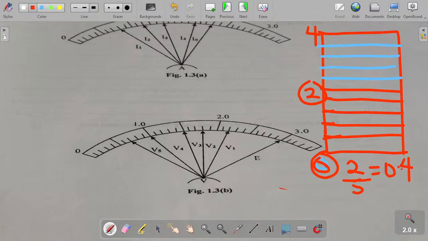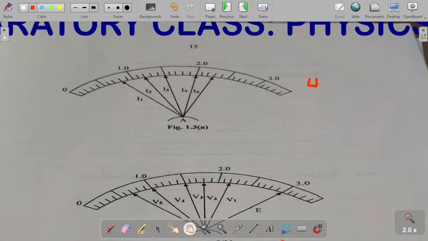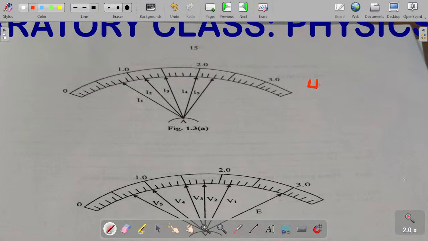The same idea you will translate when you are working with current electricity like this. From here to here is 1. How many lines are there? Let's count: 1, 2, 3, 4, 5, 6, 7, 8, 9, 10.